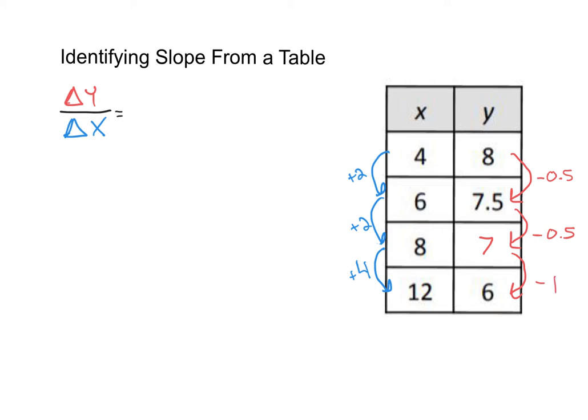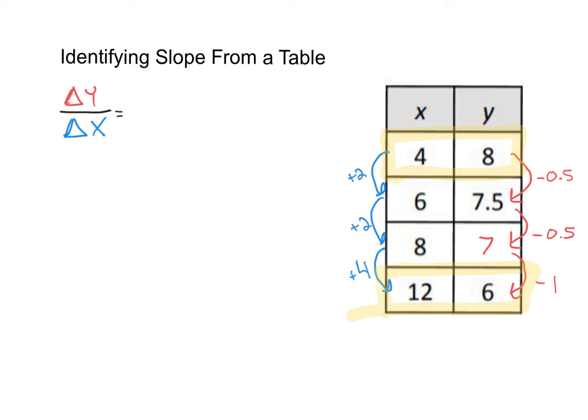So this is linear. But now let's go ahead and pick a couple points and calculate our slope. Once again, I want to start with my farthest 2, just for giggles. Sometimes it's more fun for me. So I'm going to look at my change from the point 4, 8 to the point 12, 6.